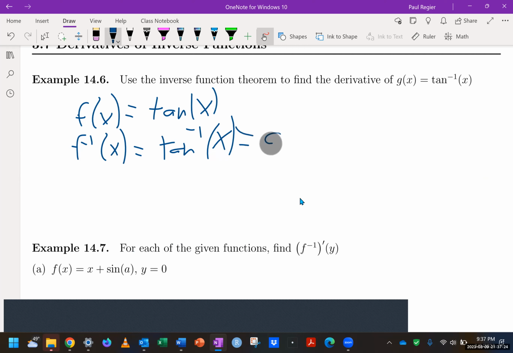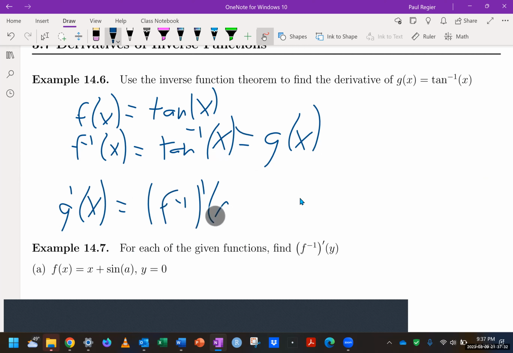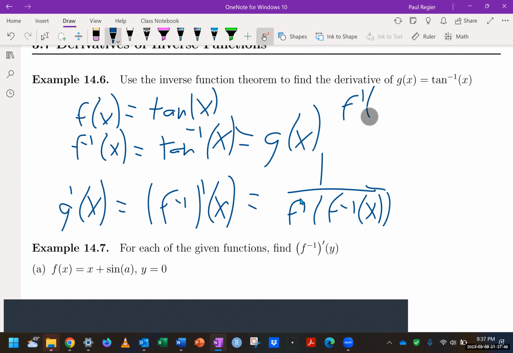So here we go. If this is g of x, g prime of x, that's f inverse prime of x. Now using our inverse function derivative rule, we got f prime of f inverse of x. Remember, this came from a chain rule. So now we know that f prime of x, derivative of tangent, is secant squared x.